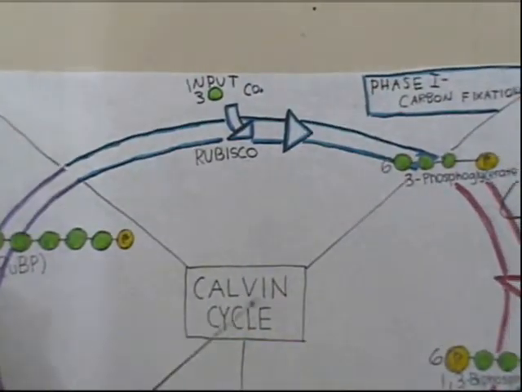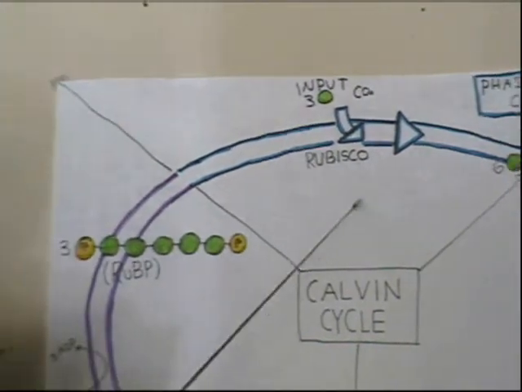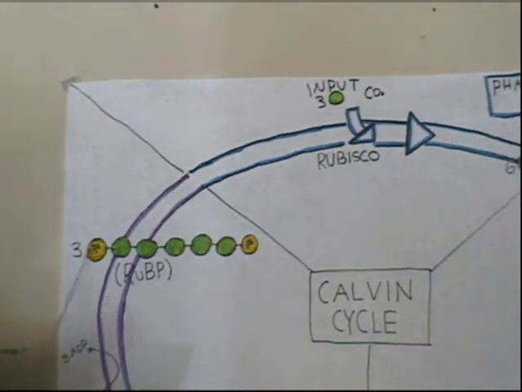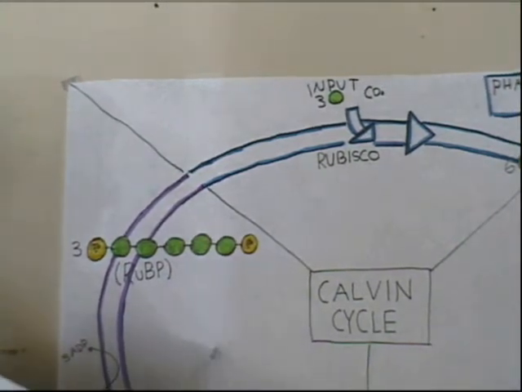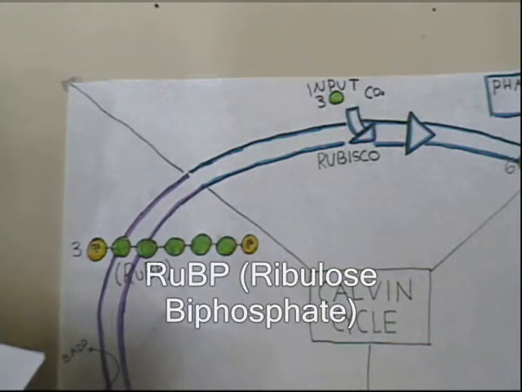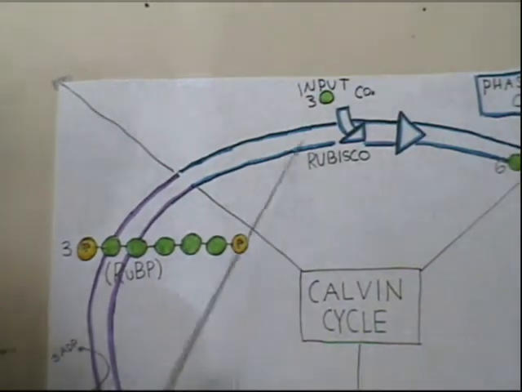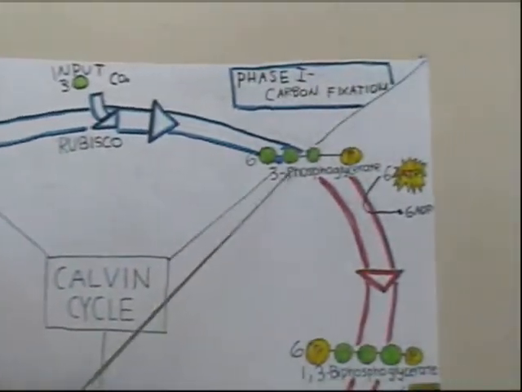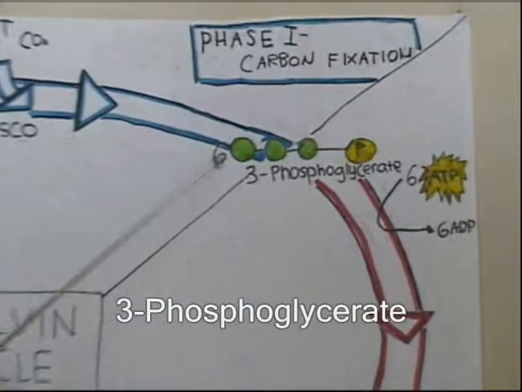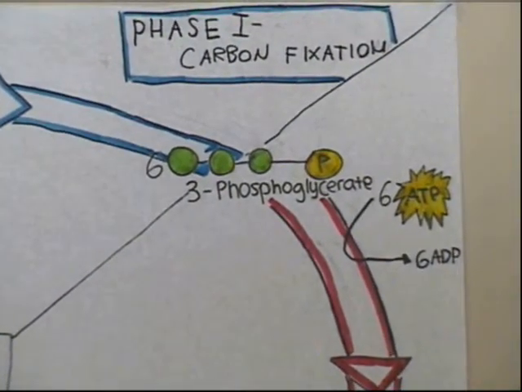During this phase, an enzyme known as rubisco attaches 3 carbon dioxide molecules to 3 simple 5-carbon sugars known as RuBP, or ribulose bisphosphate, with 5 carbons and 2 phosphate groups. Now, when the 3 carbons are attached to the RuBP, they become this molecule over here, called 3-phosphoglycerate: 6 molecules with 3 carbon atoms and 1 phosphate group each.